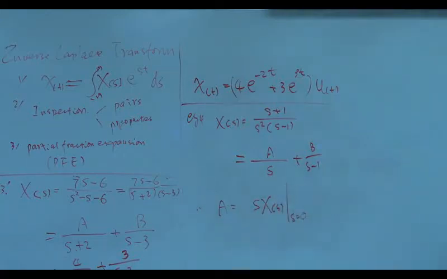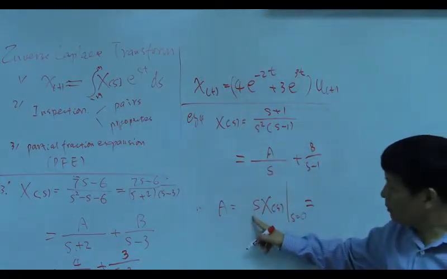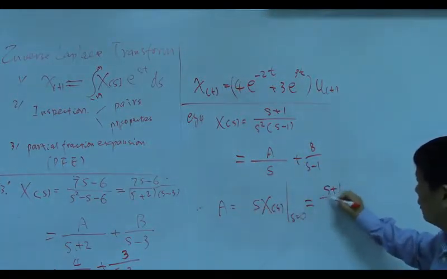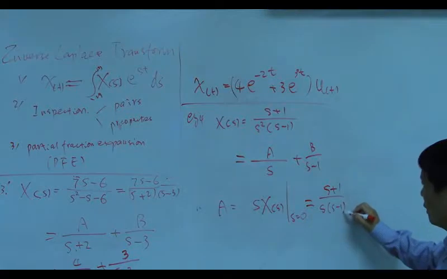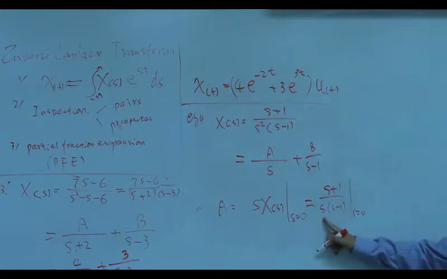So s equals 0. Okay, let's see what this is. You multiply by s, and what we have is s on the top, s here, s minus 1 on the bottom. So s equals 0. What is this? This one equals 1, this one equals negative 1, this one equals 0 here. So 1 over 0.